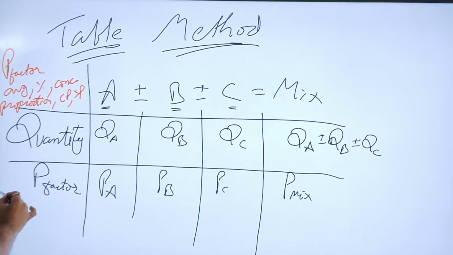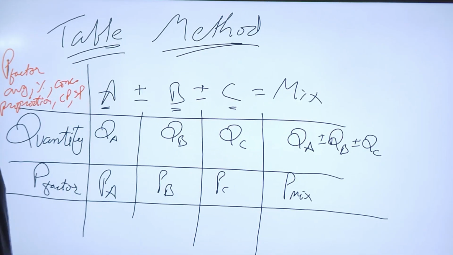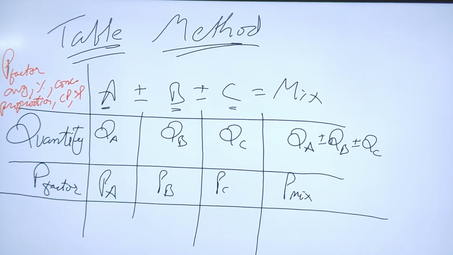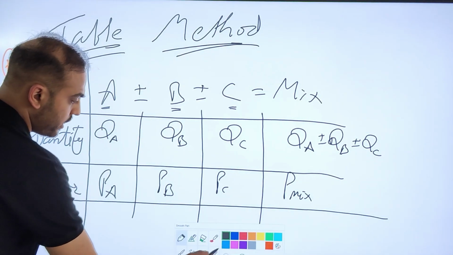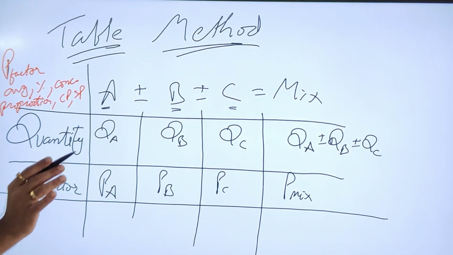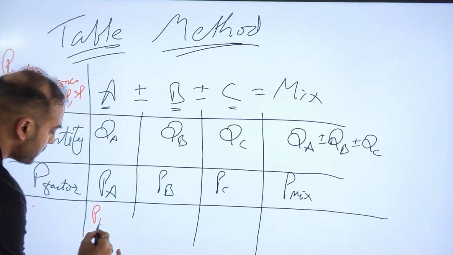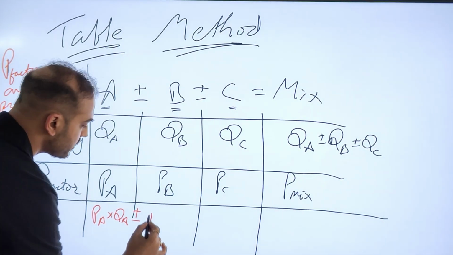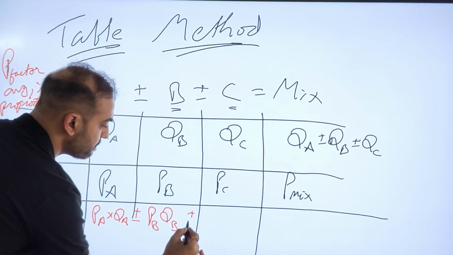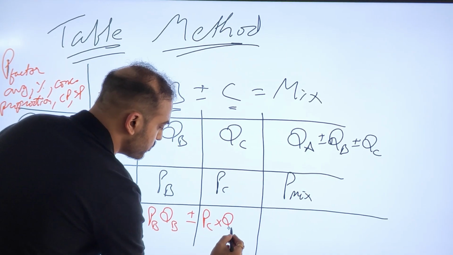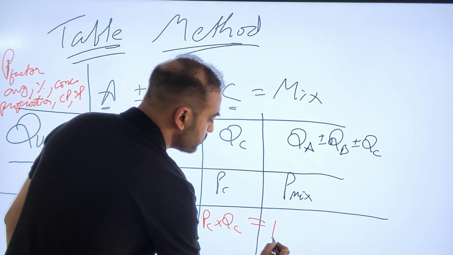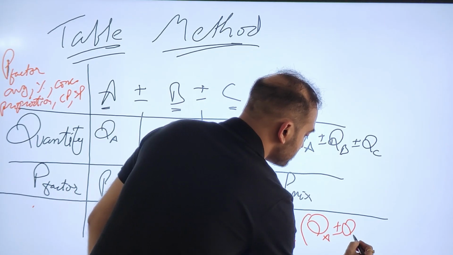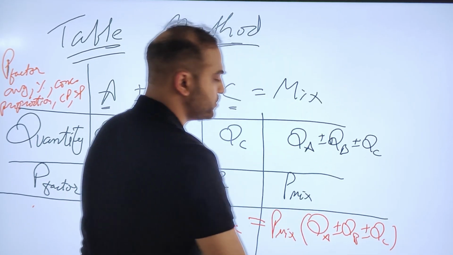And then the last column. This is where your entire question gets solved. And this equation is always the same: PA into QA plus or minus, depending on the question, PB into QB plus or minus PC into QC is equal to Pmix into QA plus or minus QB plus or minus QC.